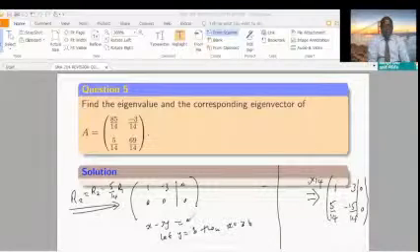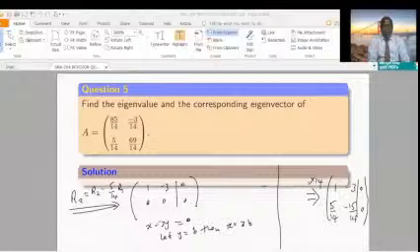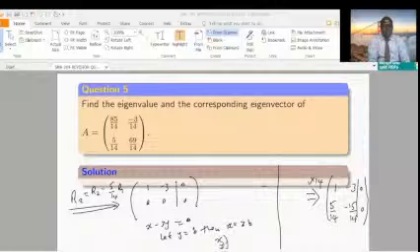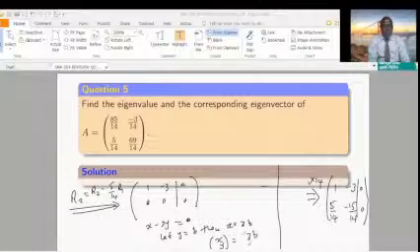If this one crosses the equal sign, it becomes 3y. So x is 3y, but y is b, so x is 3b. So what about the eigenvector? The eigenvector was x, y. So this would be 3b, b.